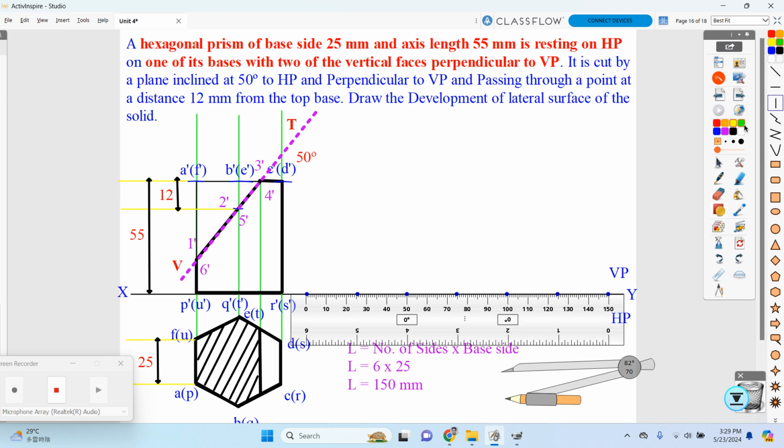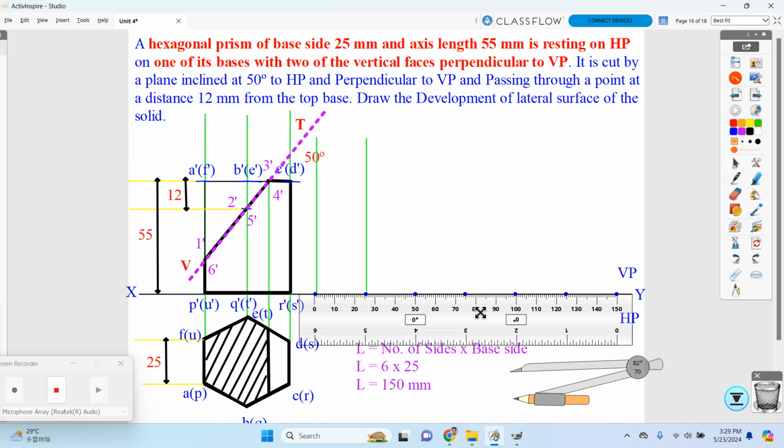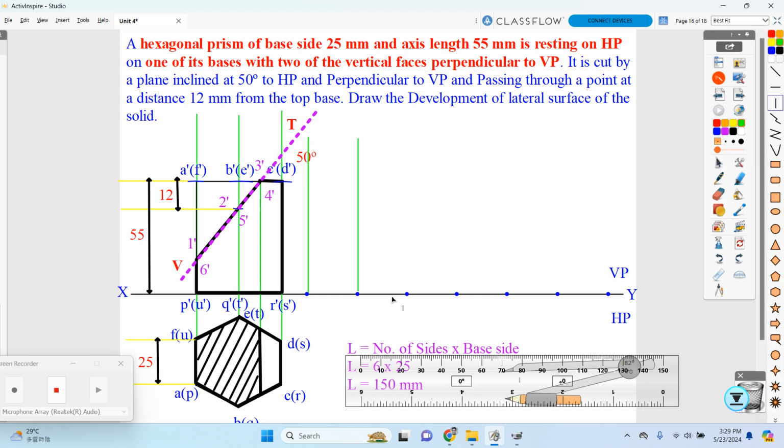Now we can start developing our reference lines from these points. I'm starting my first reference line, my second reference line, my third reference line.